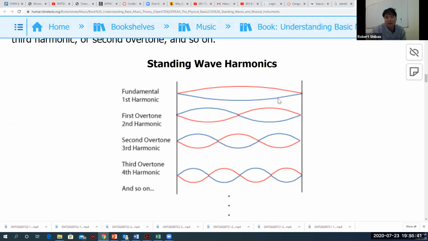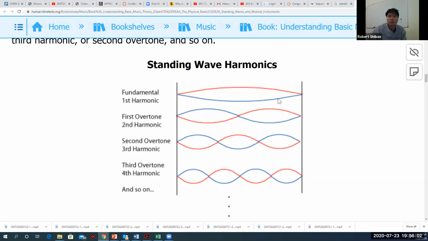That would be called the second harmonic, the fundamental being the first harmonic, or the first overtone here. If you pluck it even harder, you can fit 3 half wavelengths in there. And if you pluck it even harder, you could fit 4 half wavelengths in there. And so this is quantized in terms of half wavelengths, lambda over 2.